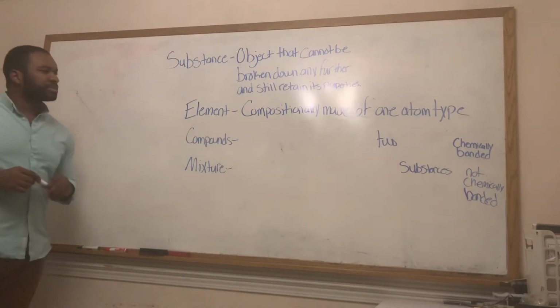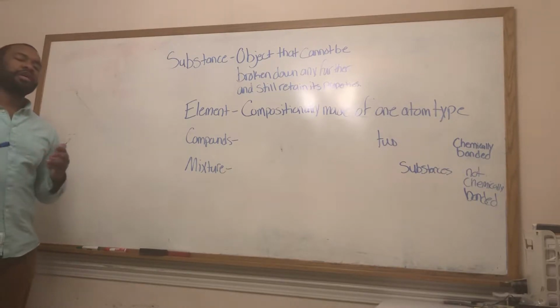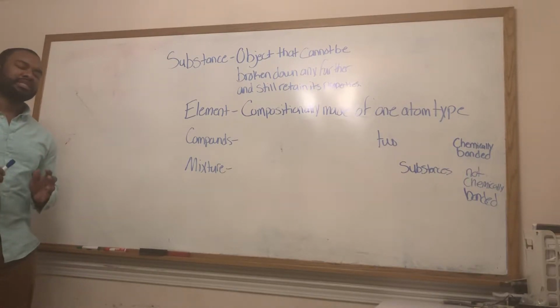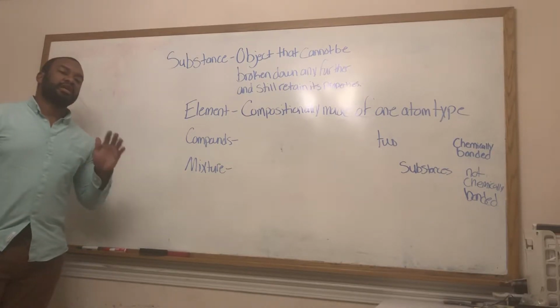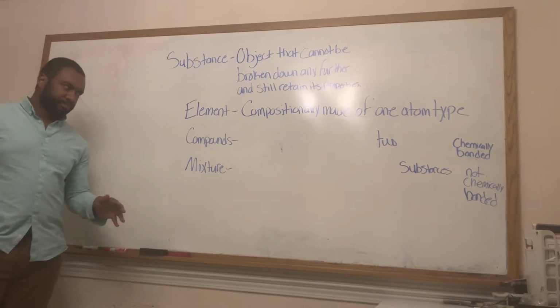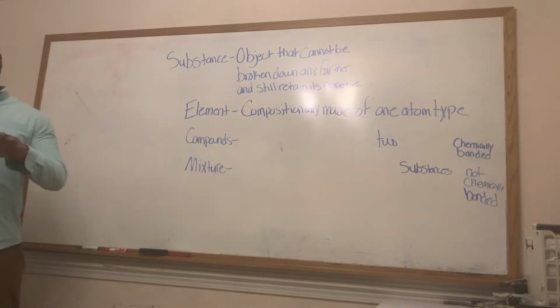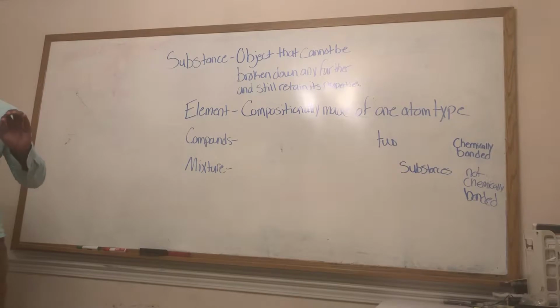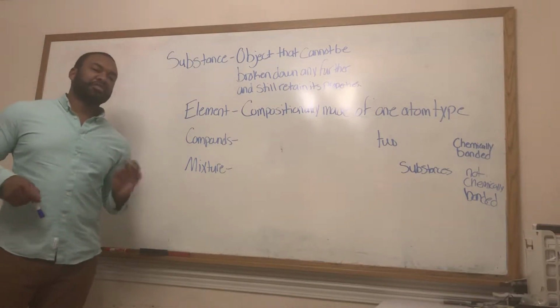So, elements are compositionally made of one atom type. Compounds are made of two or more atom types that are chemically bonded. And mixtures are made of two or more substances not chemically bonded. And they can be classified as either homogeneous or heterogeneous.